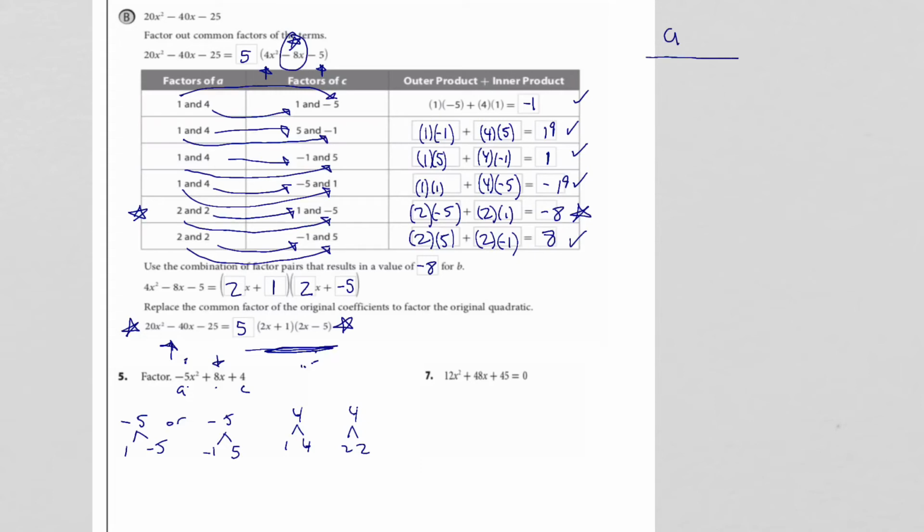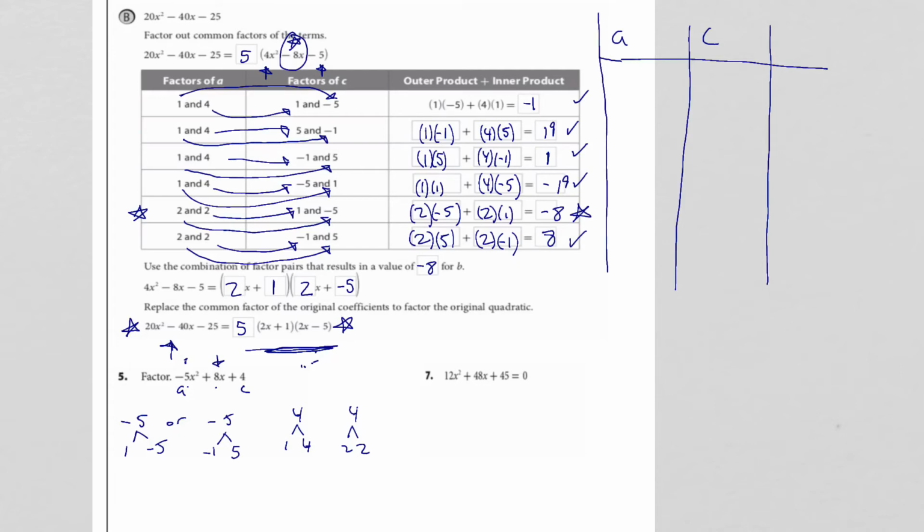Got the factors of A, got the factors of C. Let me get some more room. Factors of A, factors of C, and then what they add up to. So the book uses the table method, so let's go with that.